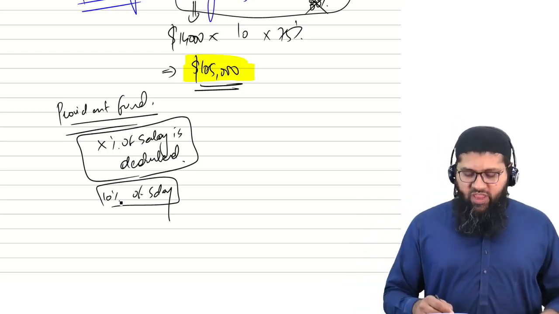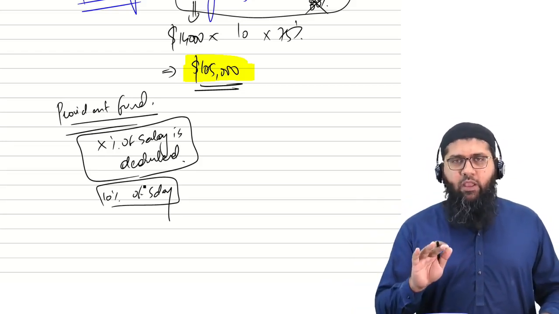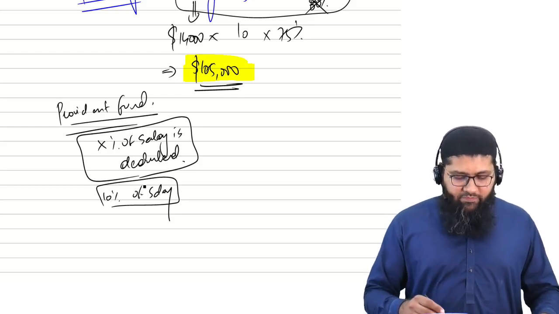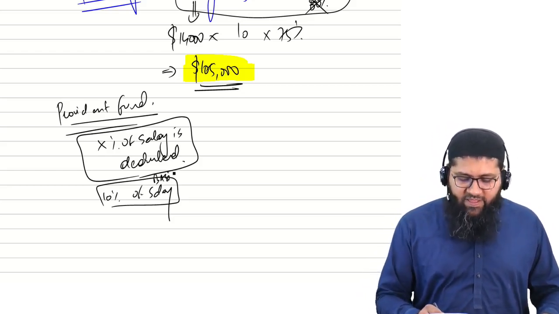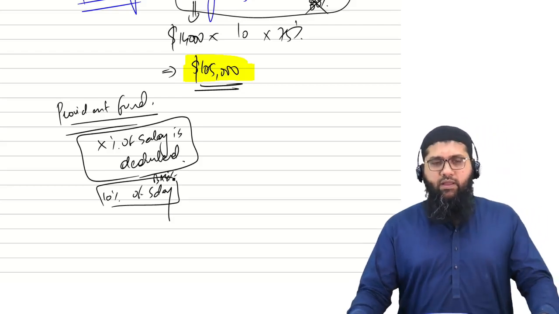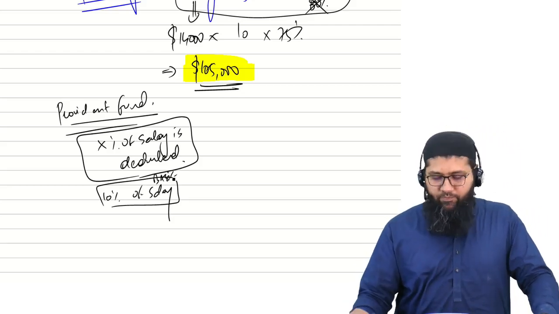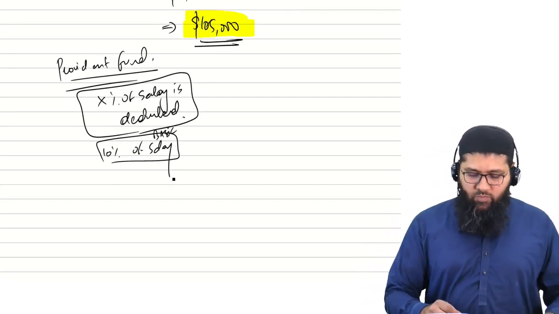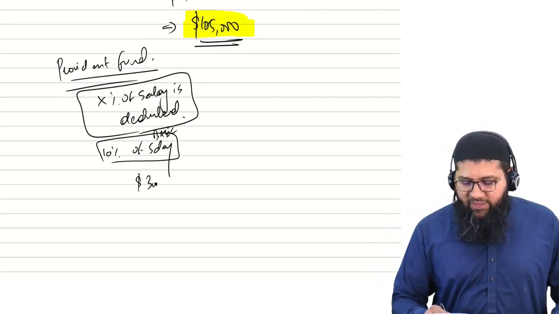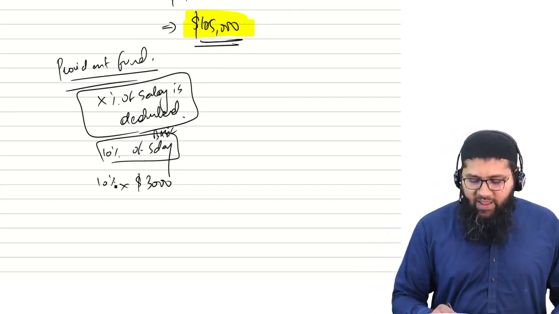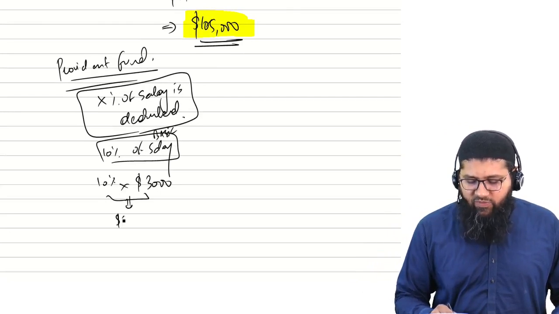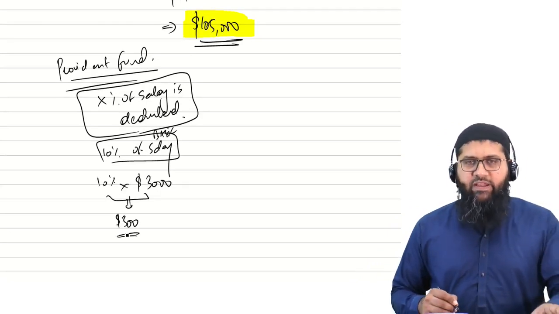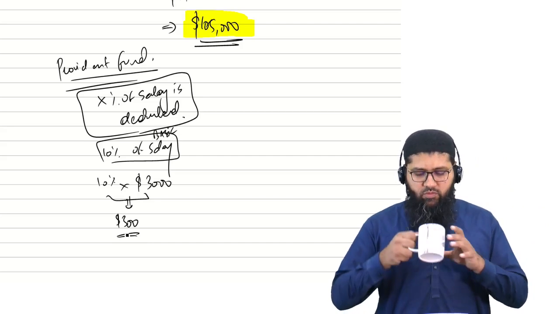So generally, in practice under the laws of different countries, the way it operates is that it's the basic salary from which the deduction is applicable. So let's say you had a salary of $3,000, 10% of your salary, which equates to $300, is deducted from your salary each month.